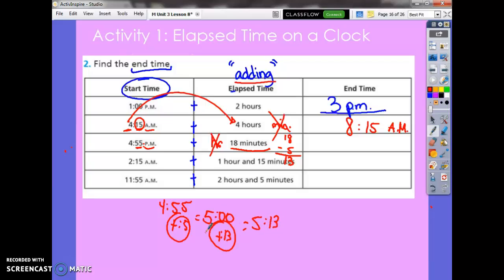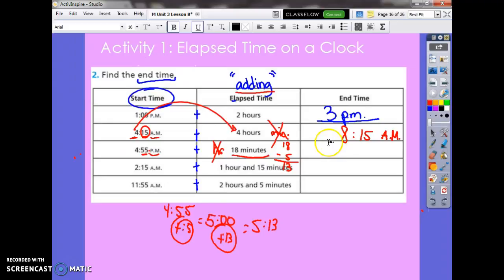And I circled the plus 5, and I circled the plus 13 because those are the minutes I added, and the 5 and the 13 make 18 minutes. So my end time is going to be 5:13 p.m. Capital P, capital M, period.